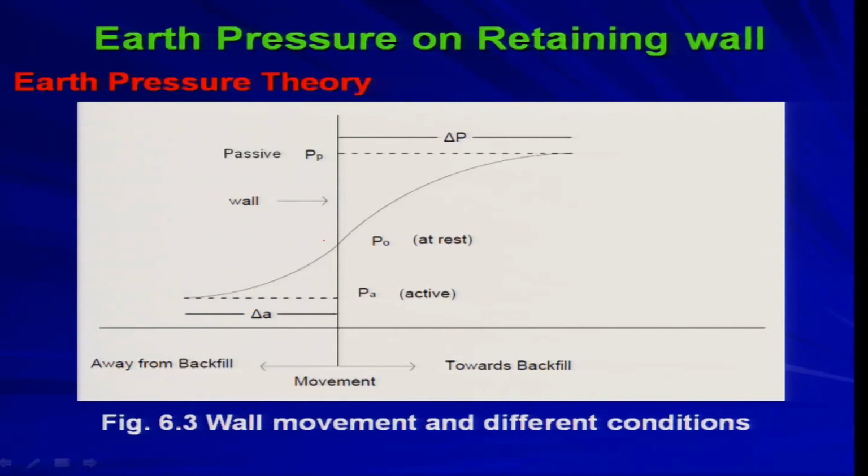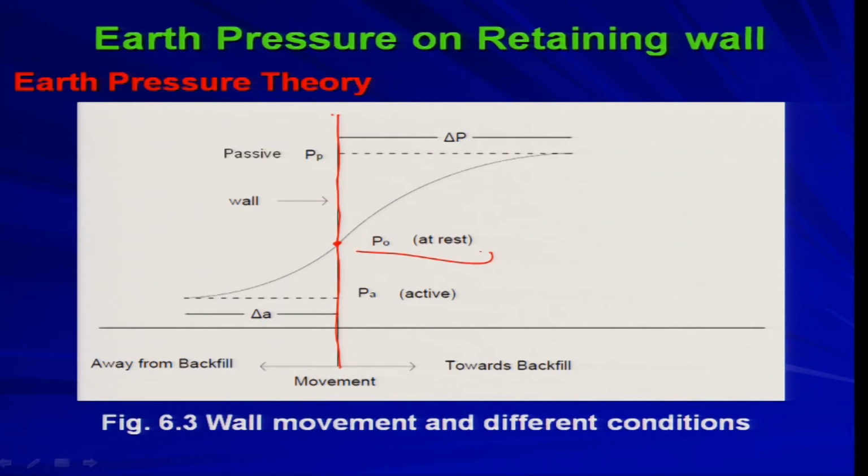Now, based on the wall movement, we can see the different conditions. So, suppose this is the wall, and at rest condition you are getting say P naught, total pressure is P naught.